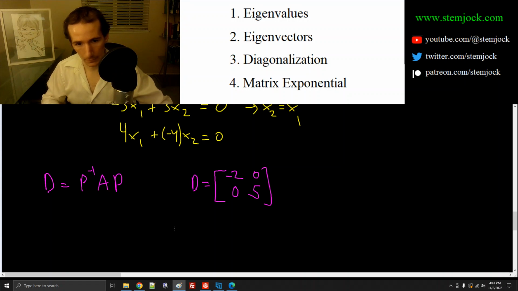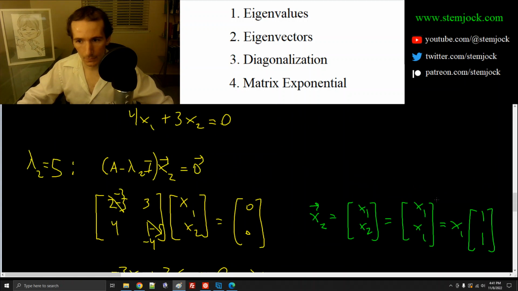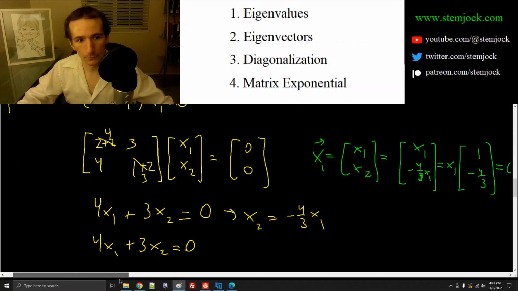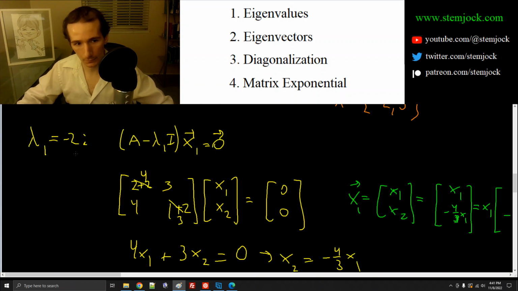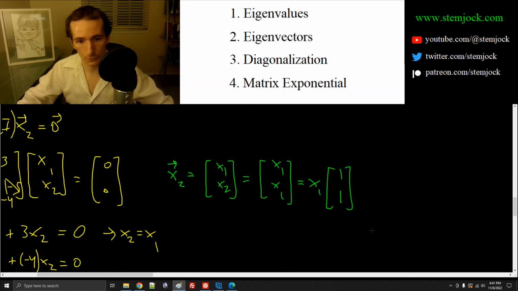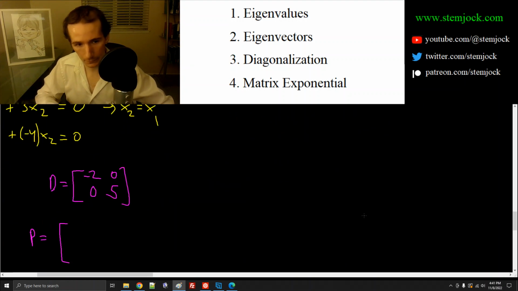To construct P, we take each of the eigenvectors that we calculated here. So for the eigenvector corresponding to negative 2, that's going to be 3, negative 4. So I'm going to write 3, negative 4.